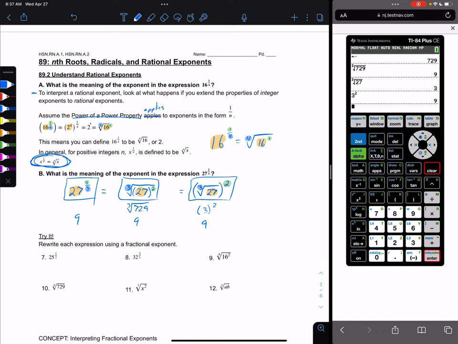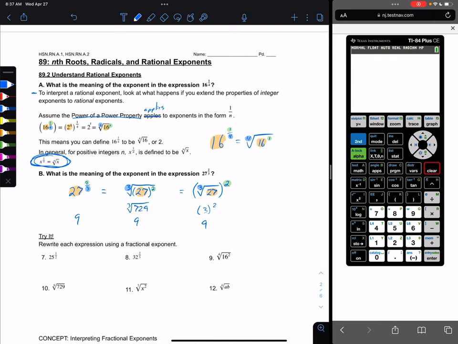So just be able to convert back and forth between the two. You're not actually going to type these specific problems in the calculator and come up with a number like 9. You're just going to look to convert from fractional or rational exponents to radical expressions.